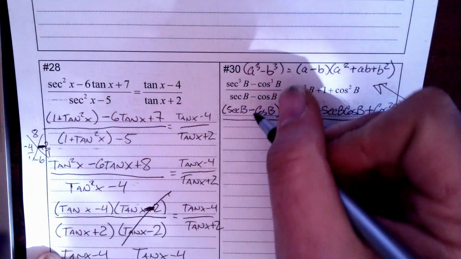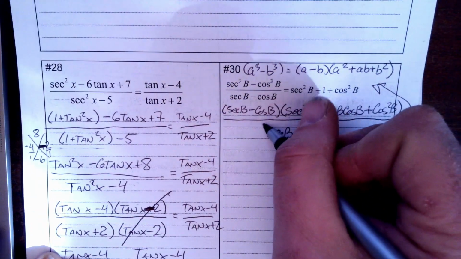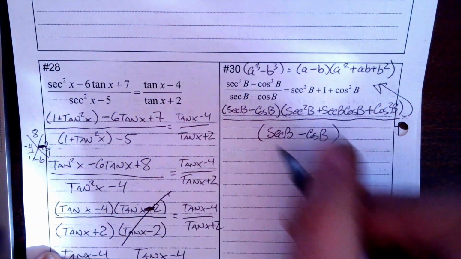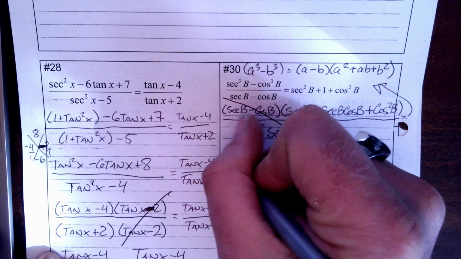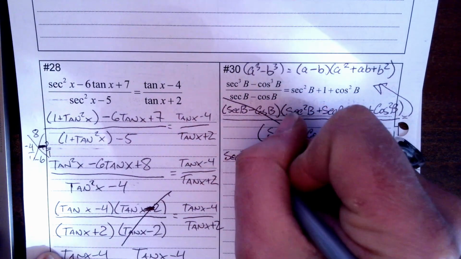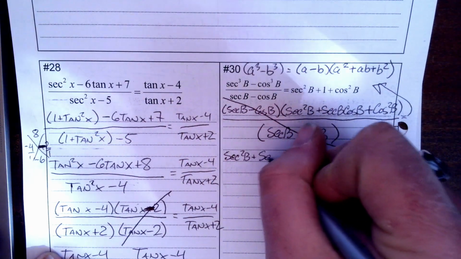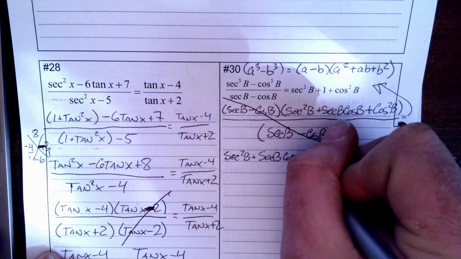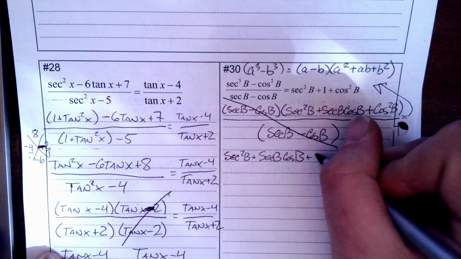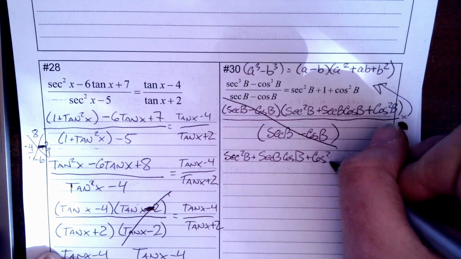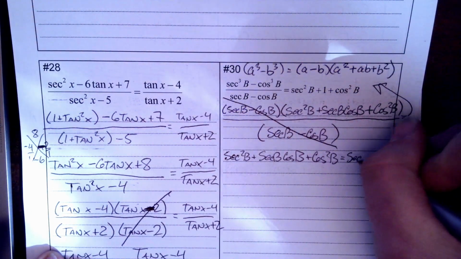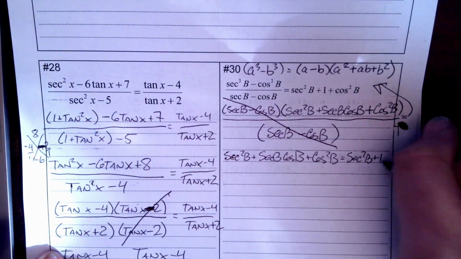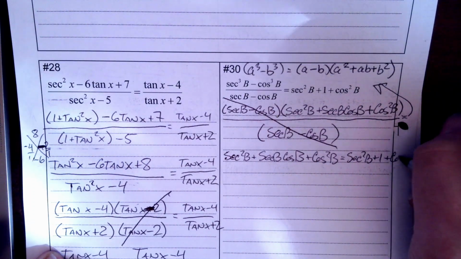Again, secant b minus cosine b over secant b minus cosine b can cancel each other out, which leaves us the secant squared of b plus the secant times the cosine plus the cosine squared is going to have to equal the secant squared plus 1 plus the cosine squared.